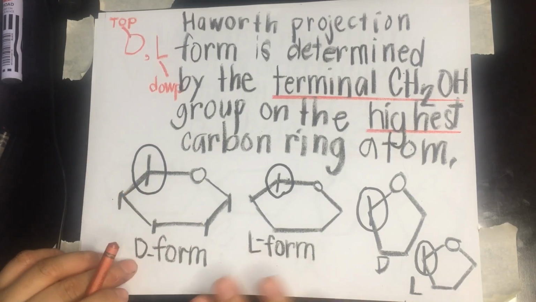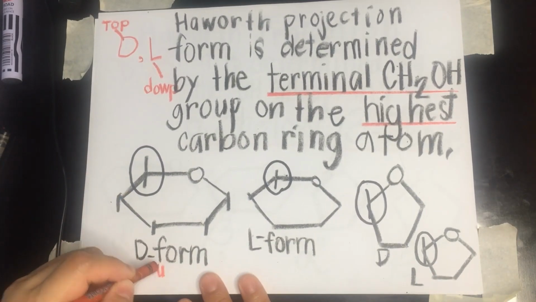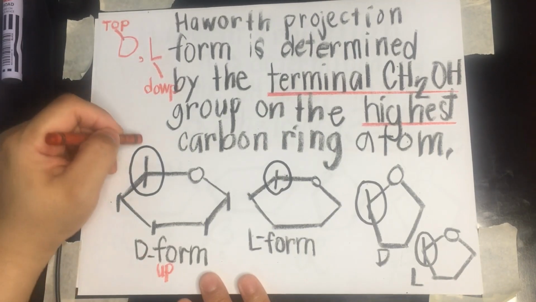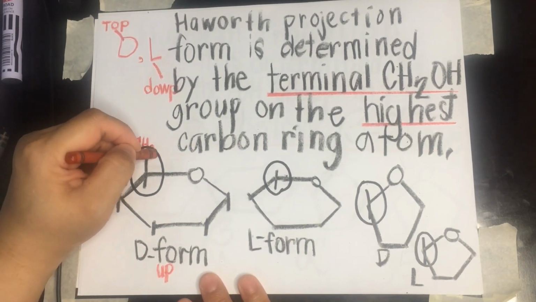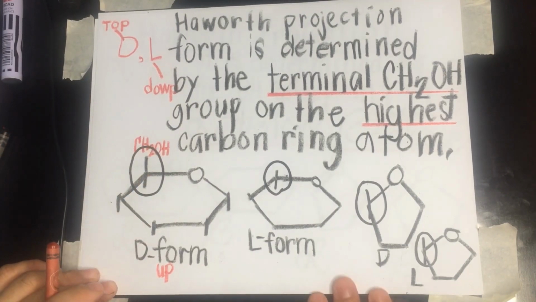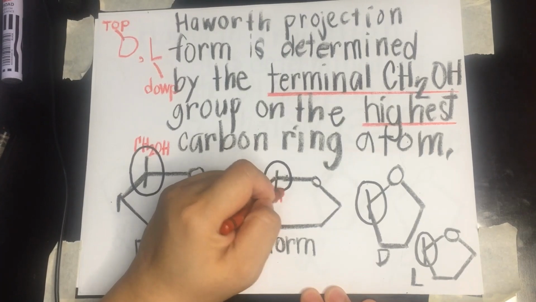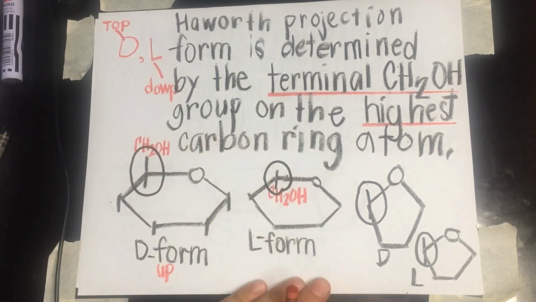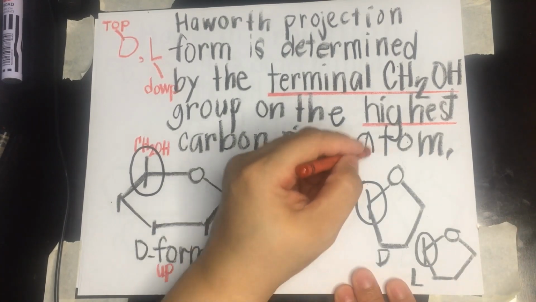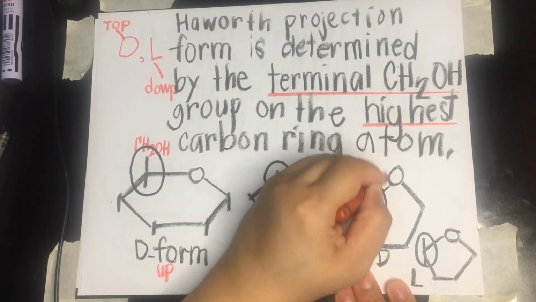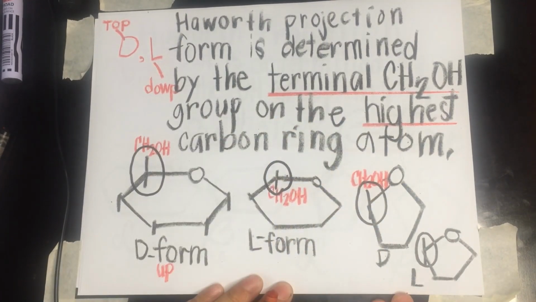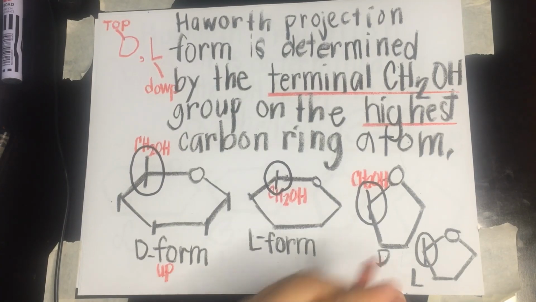So, in here, it is in D form. Therefore, we are going to place our CH2OH on top. If it is in L form, we are going to place the CH2OH down, below. Same is true in a furanose. If it is in D form, we place the CH2OH on top. In the L form, we place the CH2OH, or the terminal alcohol, down.